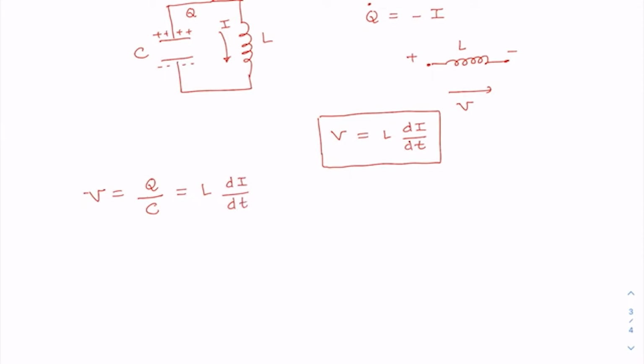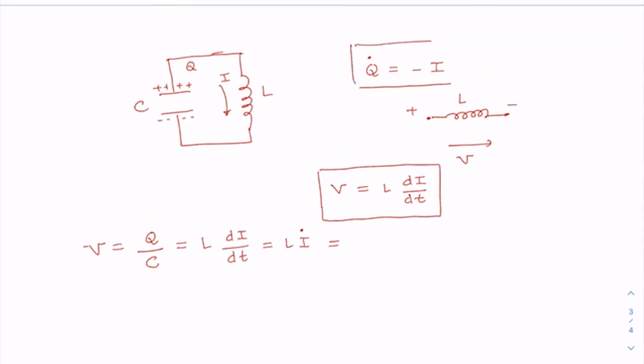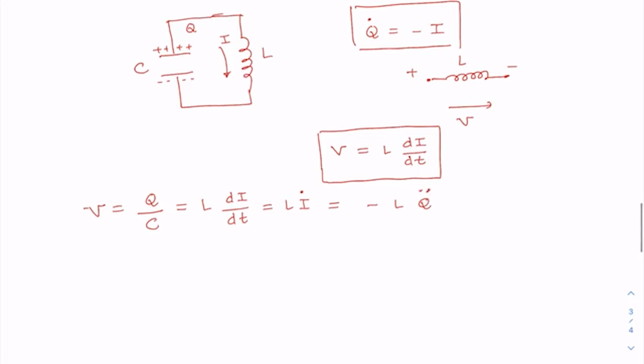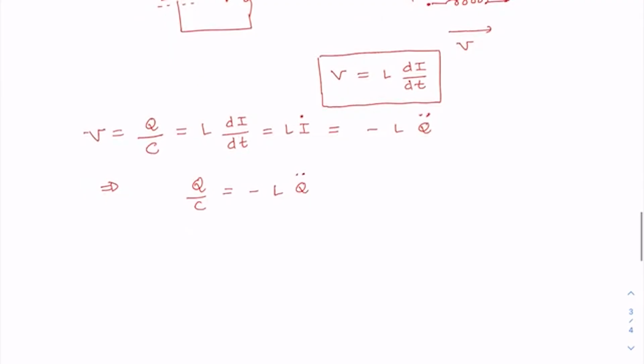Or I can just write it as L I dot, which I can further write, because Q dot is equal to minus I here, as minus L Q double dot. So I get a differential equation for the charge, that is Q by C is equal to minus L Q double dot, or I just write Q double dot plus 1 by LC Q is equal to 0.